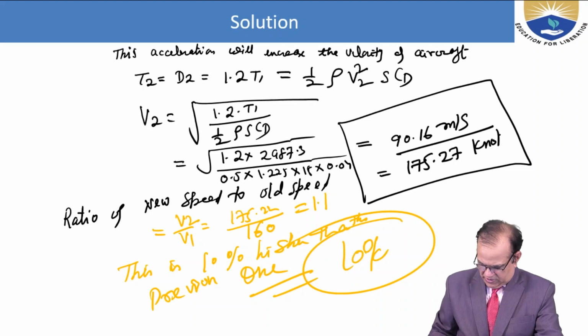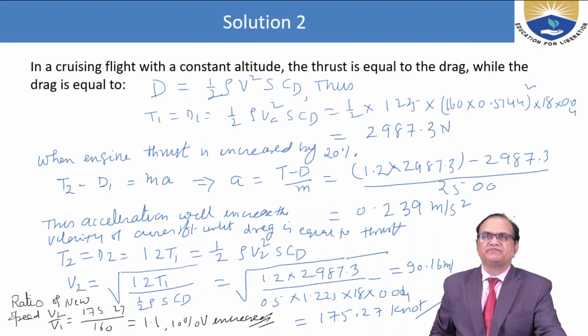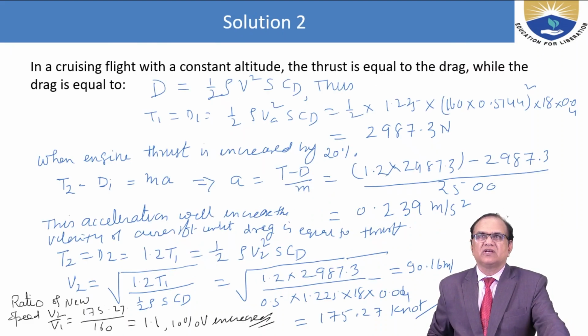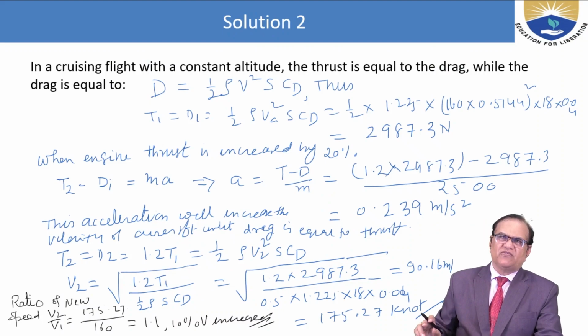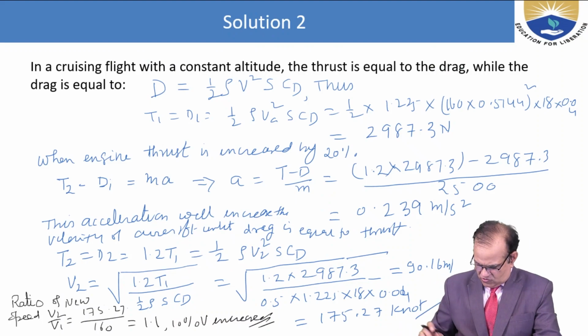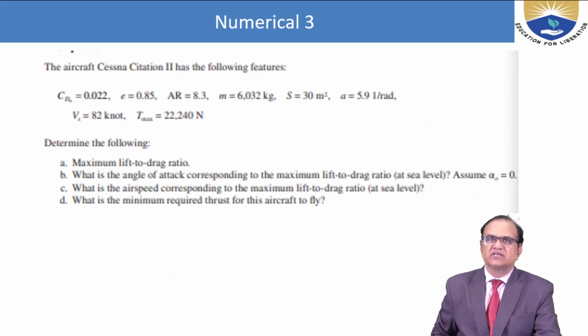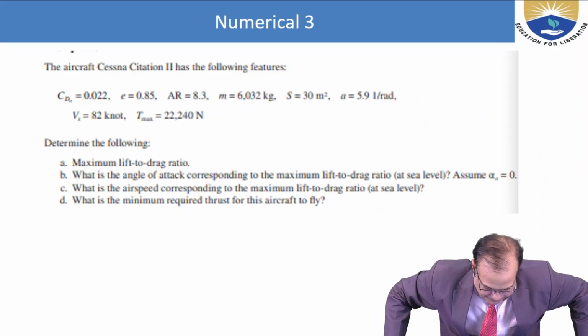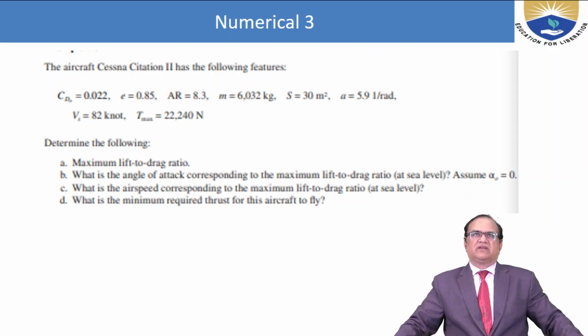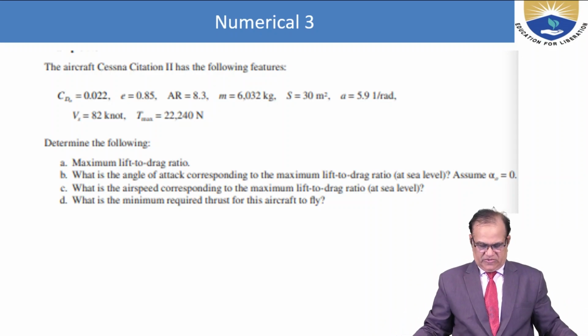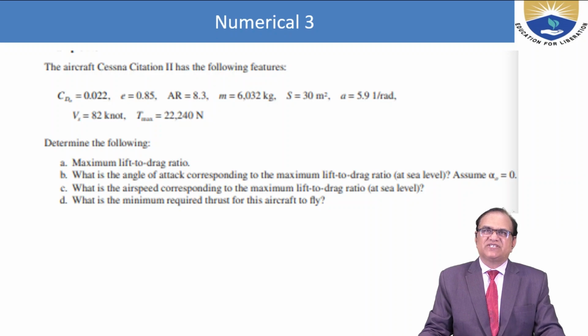So now we will see the next one. So in cruising flight with a constant distance, now we will see problem number 3. The aircraft Cessna has the following features.